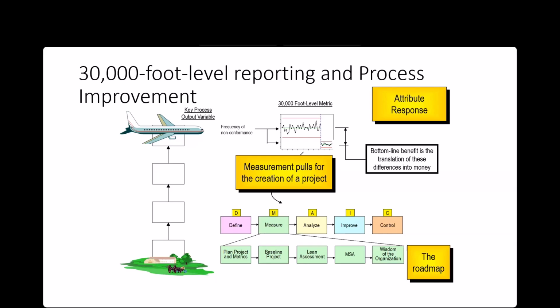Now, if you're successful, then that individuals chart would be staged to an enhanced level of performance. Now, in this case, I'm showing what the bottom line benefit would be in terms of money. So this would be how the attribute response would look for a 30,000 foot level report.